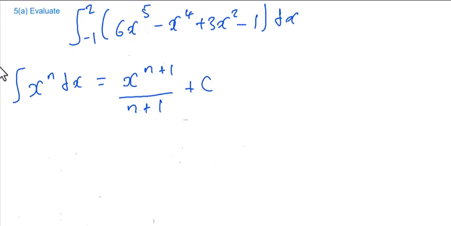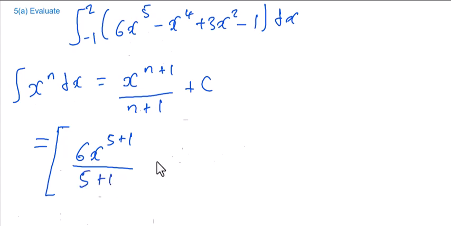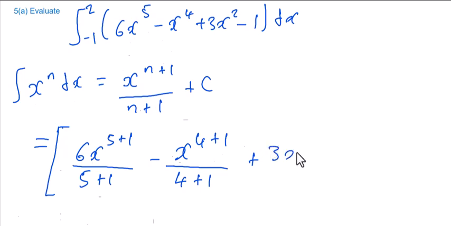So what are we going to do? We're going to say 6x to the power 5 plus 1 over 5 plus 1, minus x to the power 4 plus 1 over 4 plus 1, plus 3x squared plus 1 over 2 plus 1.